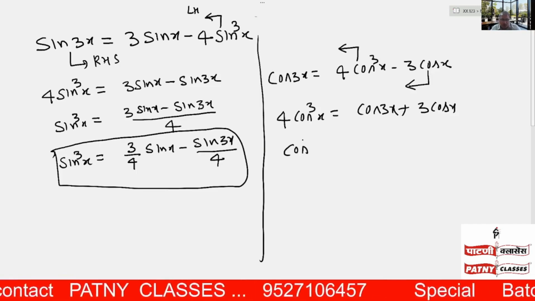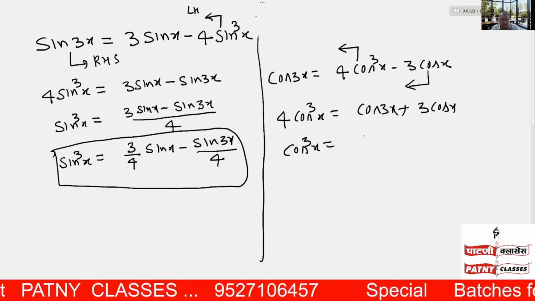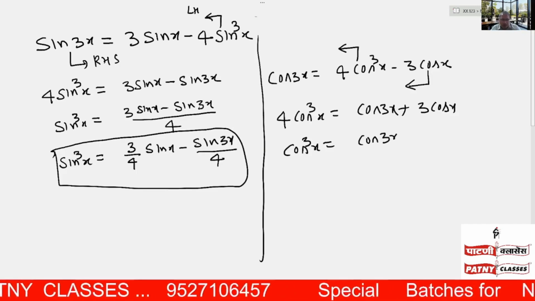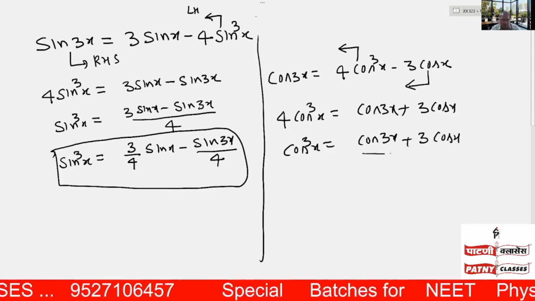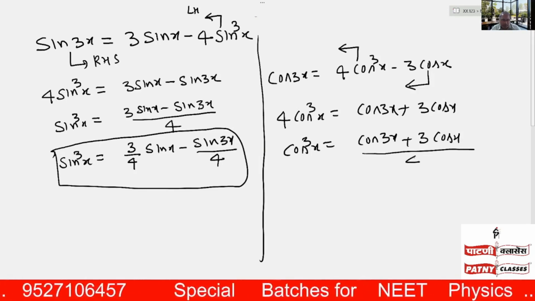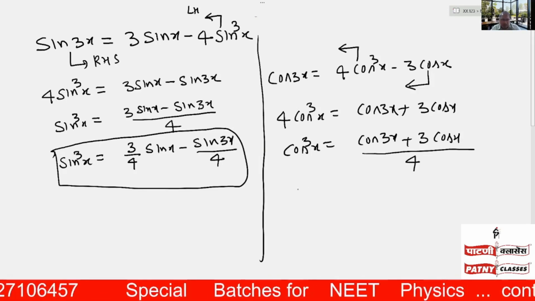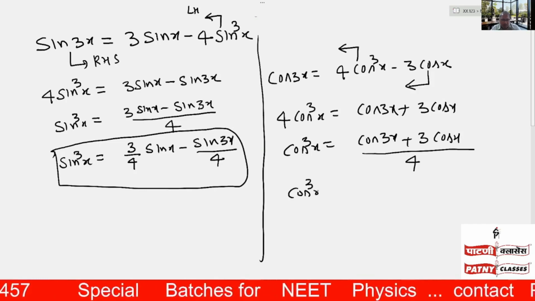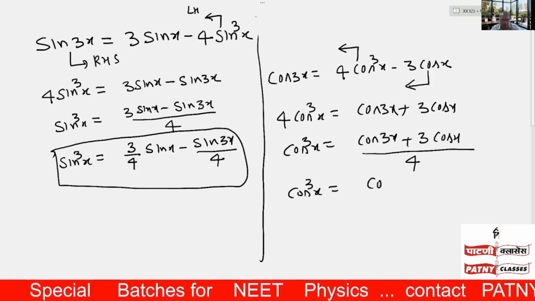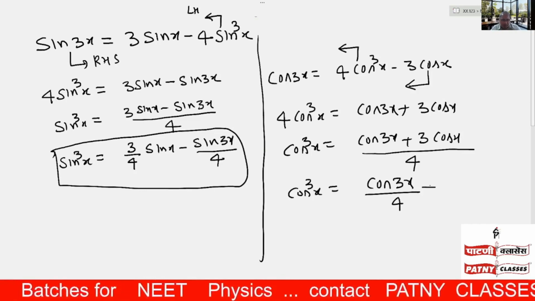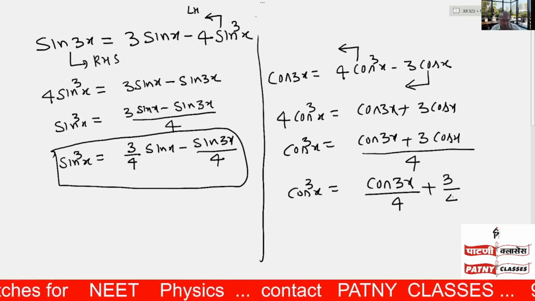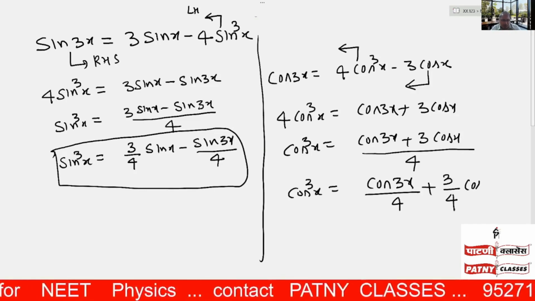And now cos cube x can be written as, 4 will go down, or you can write 4 to individual terms like cos 3x upon 4 plus 3 upon 4 cos x.